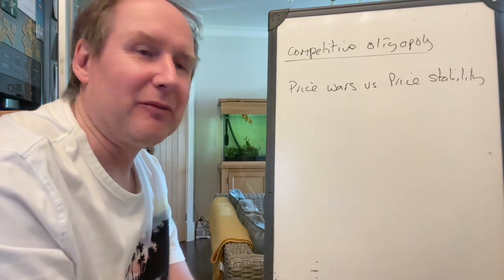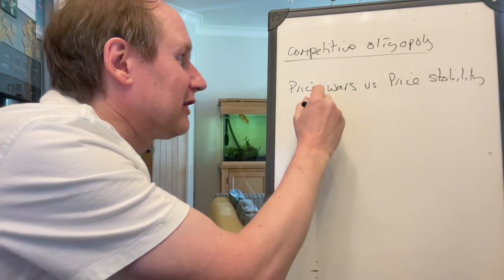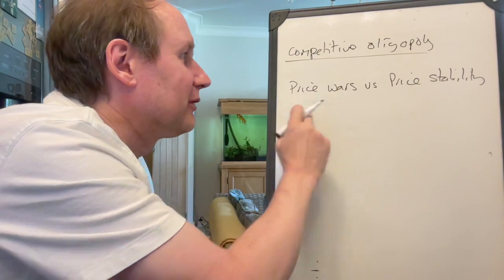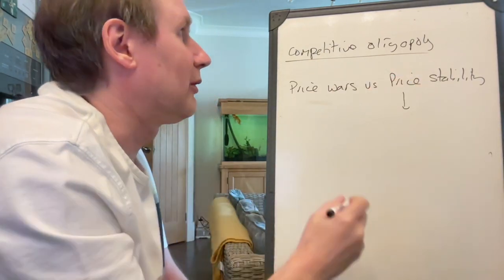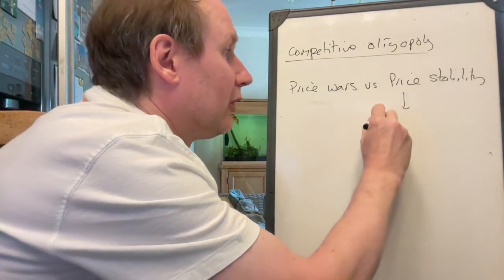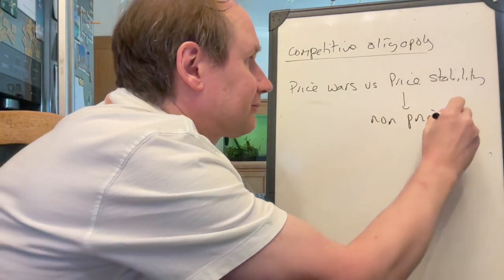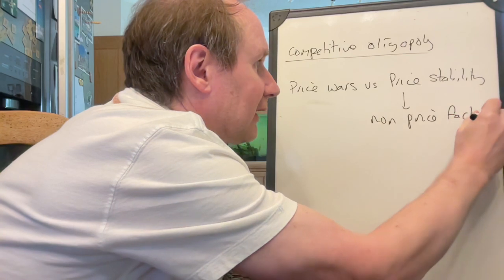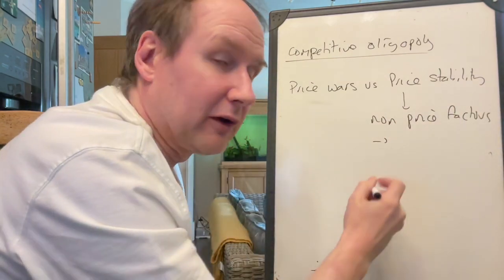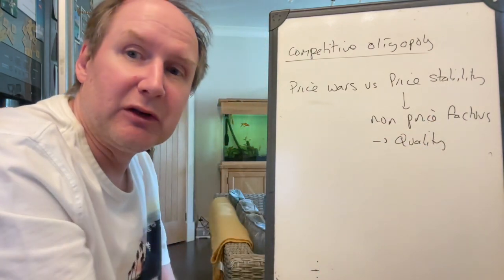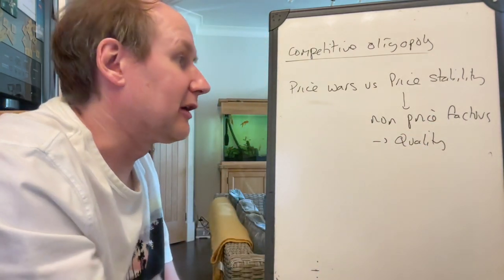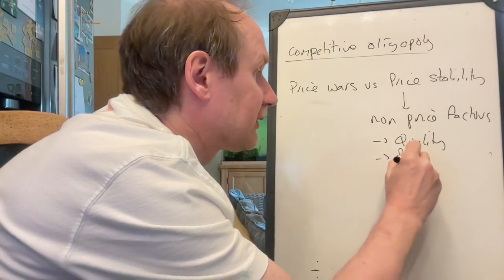In the case of Costa, they're not competing on the basis of price. They're competing in other ways. They're competing on non-price factors, on the quality of the interior and the service that they're providing. They're competing on promotions and advertising and so on.